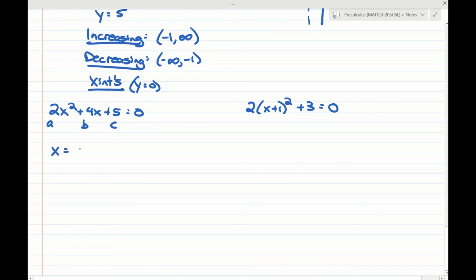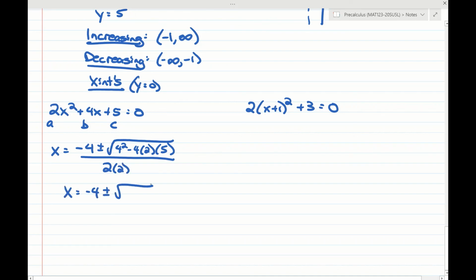So using the quadratic formula, we're taking the opposite of b, plus or minus the square root of b squared minus 4ac all over 2a, and a was 2. So we get x is equal to -4 plus or minus the square root of 16. Let's see what this is here. 16 minus 8 times 5 is 40, is -24, over 4.